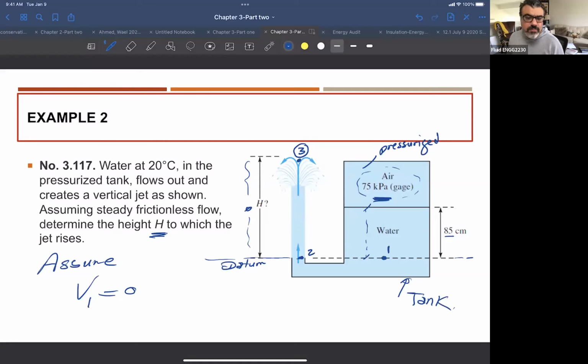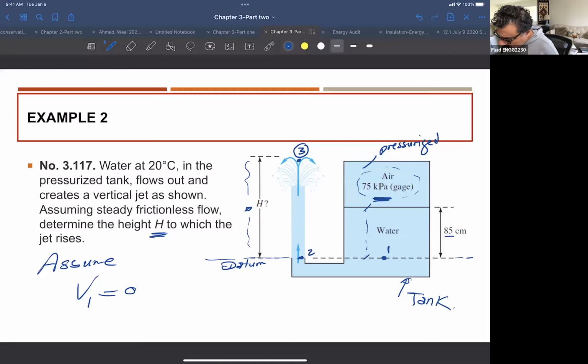This is going to be our assumption all the time: the velocity inside the tank is 0. Although we know it's going to be a small velocity, a reasonable assumption is that the flow inside the tank is very small compared to the flow inside the pipe. So V1 is 0.